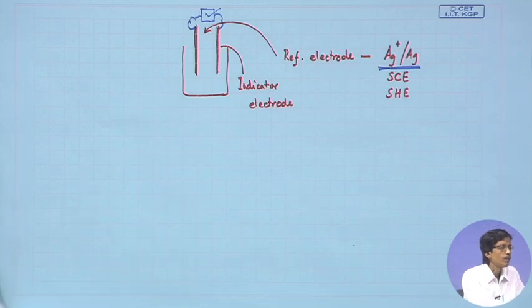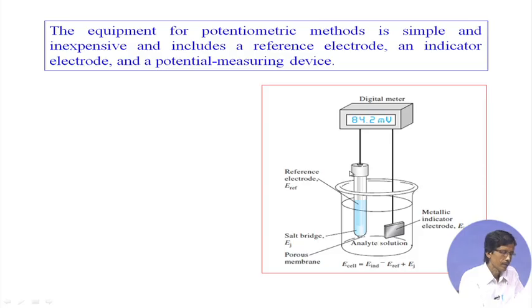So, what we get over there is a simple system where you have a digital meter, with a typical display unit, and the display shown over here is typically 84.2 millivolt.